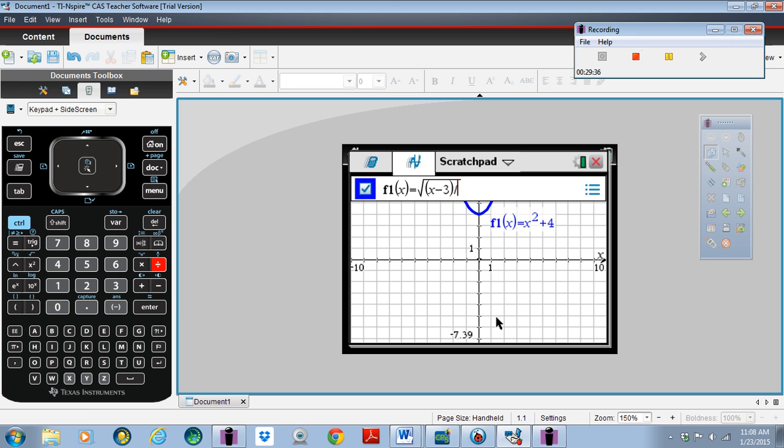Divided by 2. Okay, there we go. And we're going to put a plus or minus sign in front. Do you have a plus or minus sign?